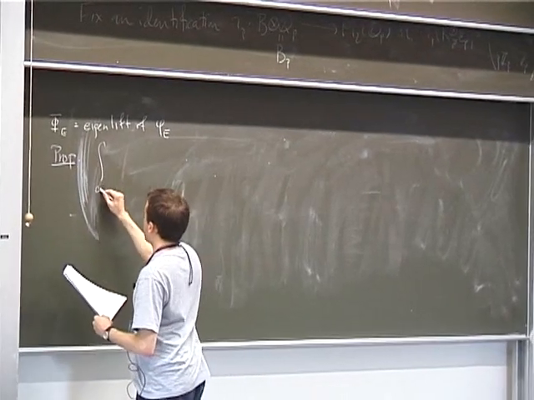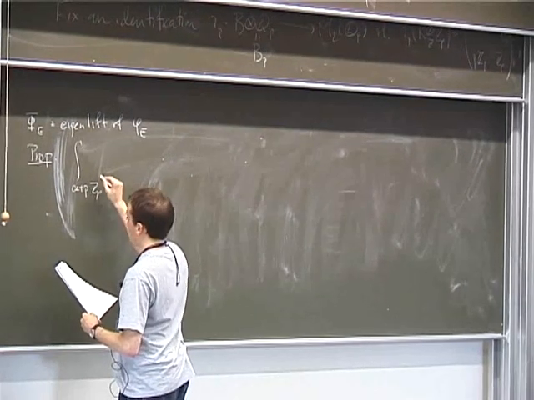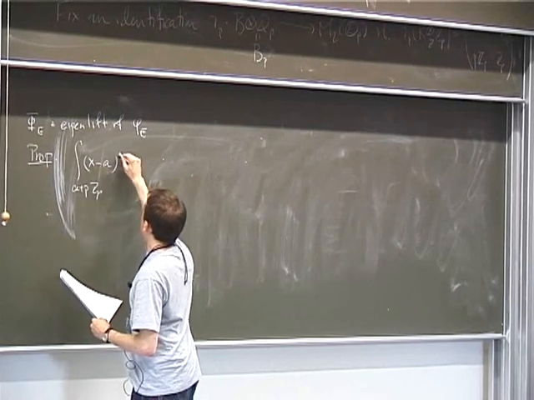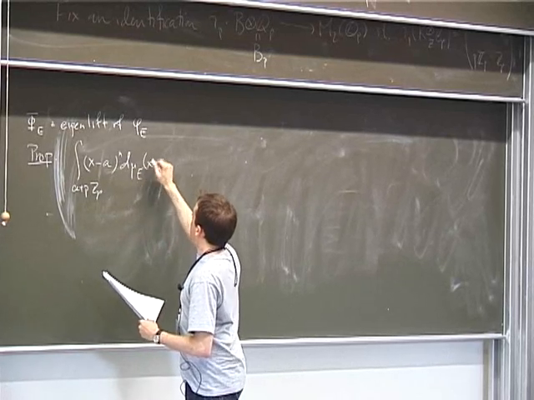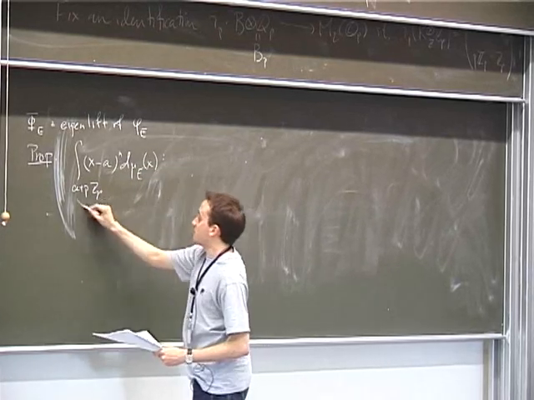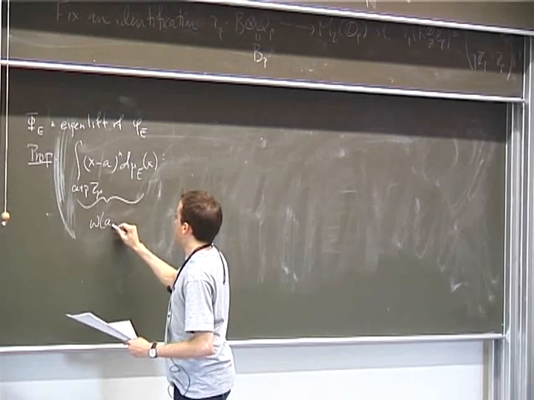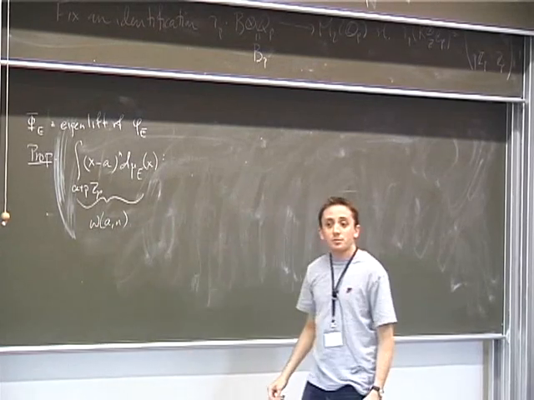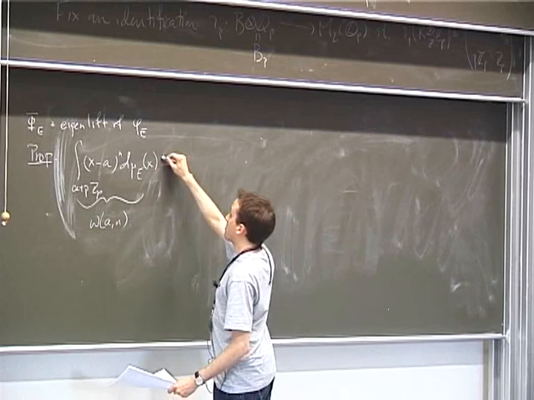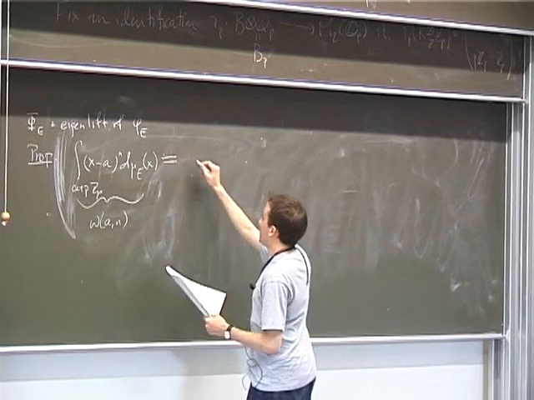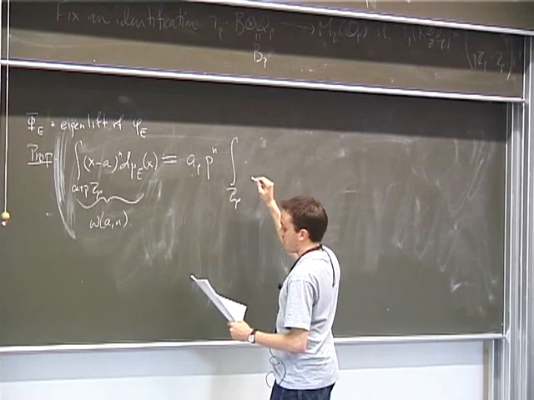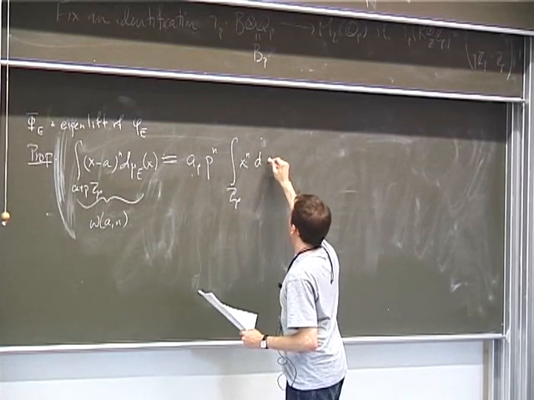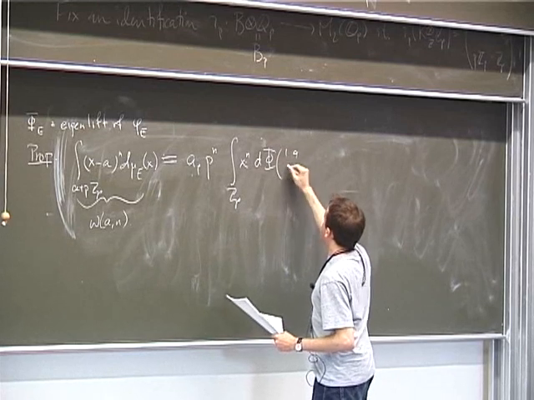If we look at the integral over a plus pZp of x minus a to the n d mu E of x, this is exactly what I called omega of a, n, the thing we want to compute. This is equal to AP times p to the n times the integral over Zp of x to the n d phi of 1, a, 0, p of x.